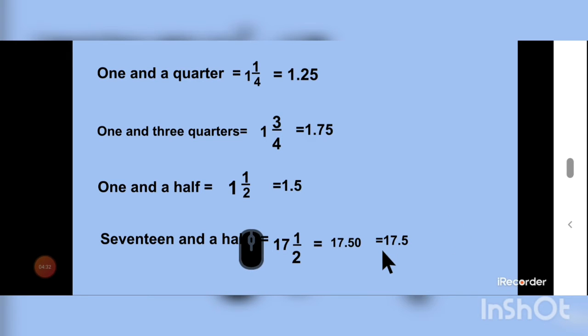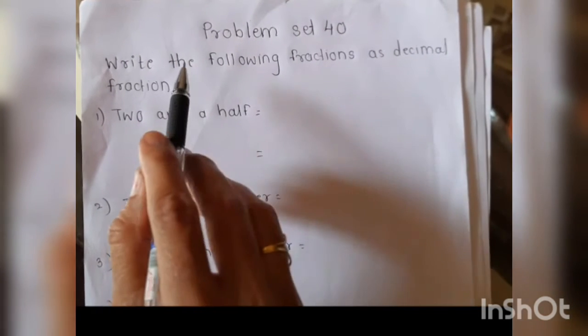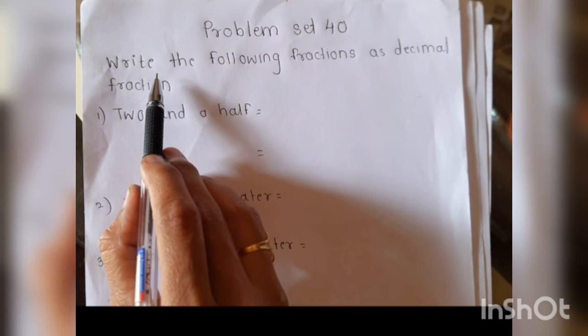Okay students, did you get how to write half, quarter, 3 quarters and 1 and a quarter in decimal form? Basic concept I have told in the last video. Now we will solve problem set 40.